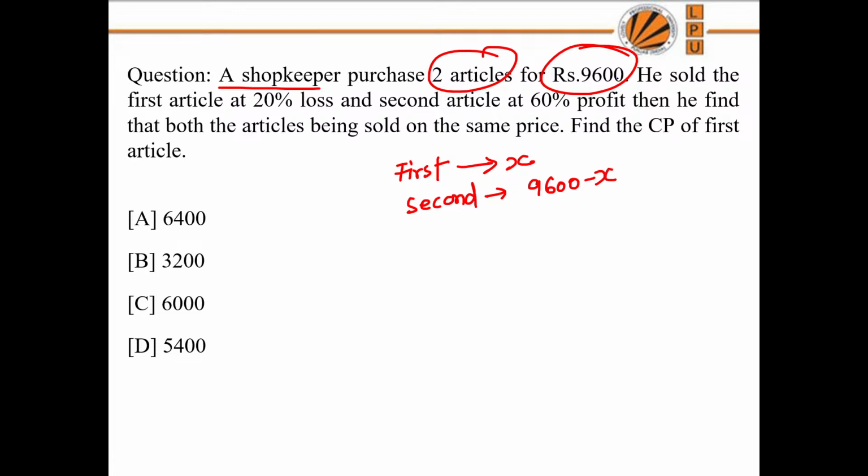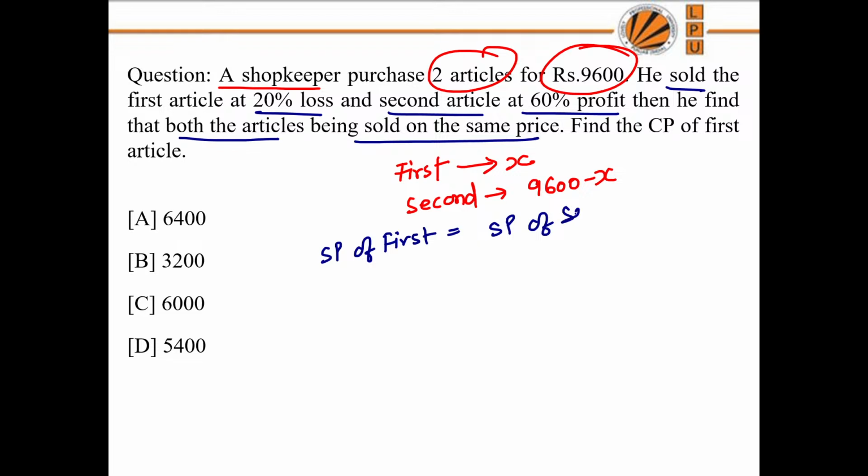Now the question says when you sell the first at 20% loss and the second at 60% profit, both are sold at the same price. It means the selling price of both is the same. SP of first is equal to SP of second.